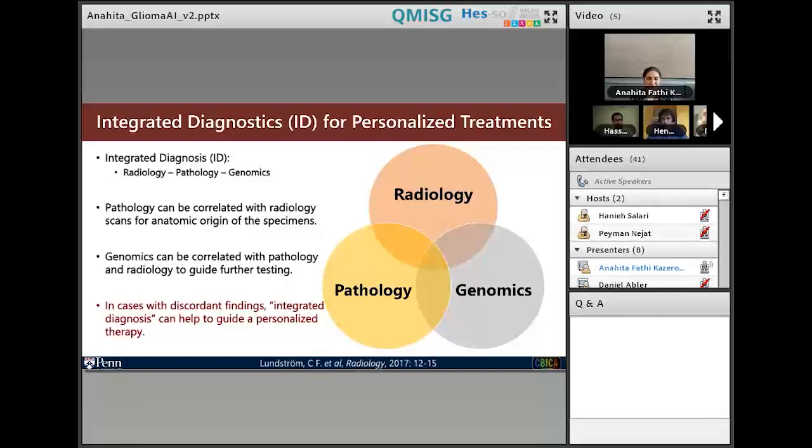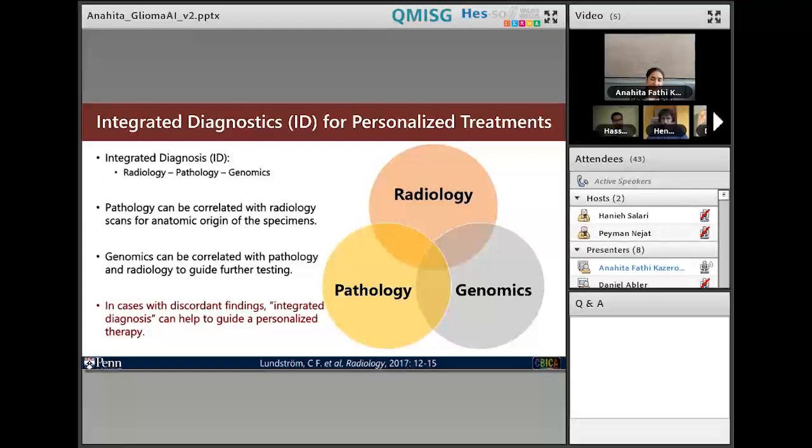There's a need for integrated diagnostics for personalized treatments, and that need has been met by the WHO classification, but still radiology doesn't seem to be a part of that.